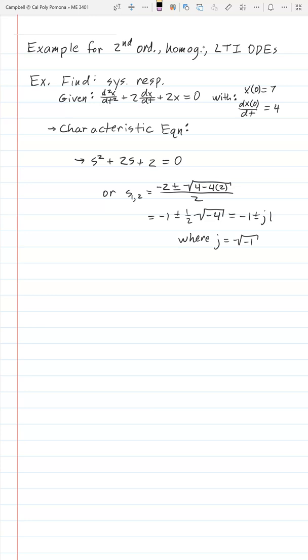Because now that I have my real component and my imaginary component, I can simply write down my solution. So substituting in for sigma and for omega, we get that x is equal to e to the sigma t, in our case, sigma is -1, times t, times c1 times cosine of omega.